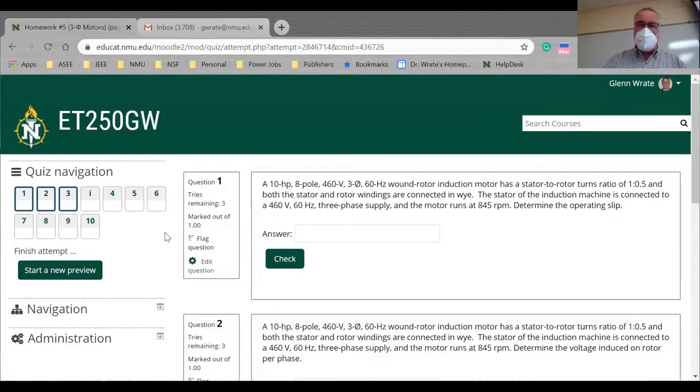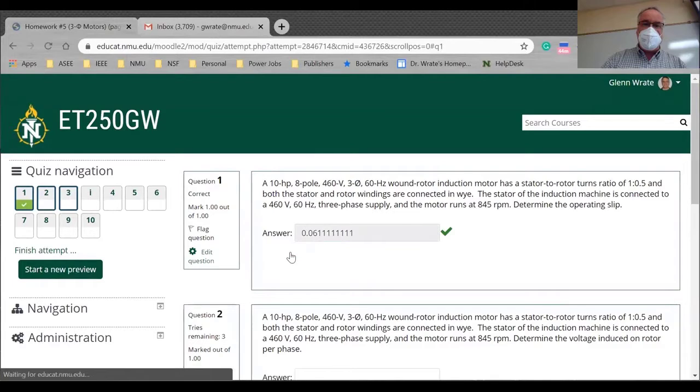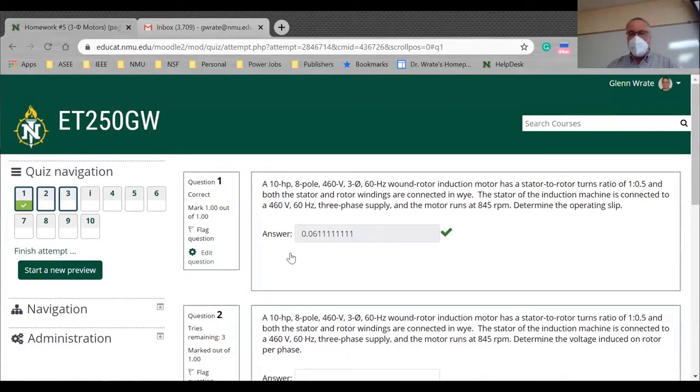Okay, so let's try 0.06. Check. There you go. Okay.